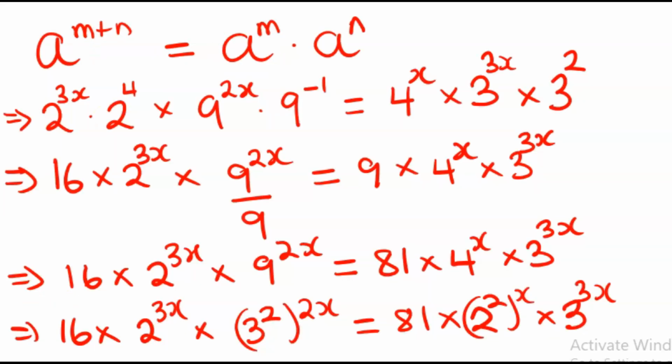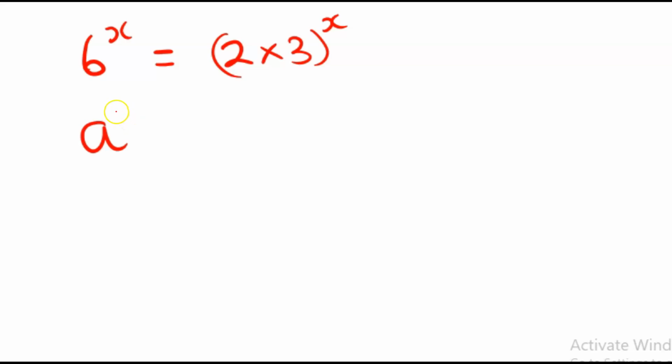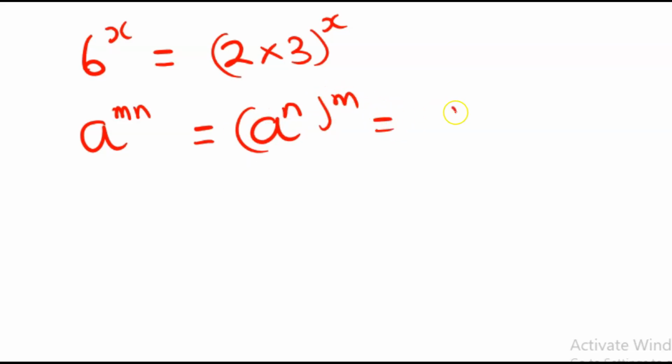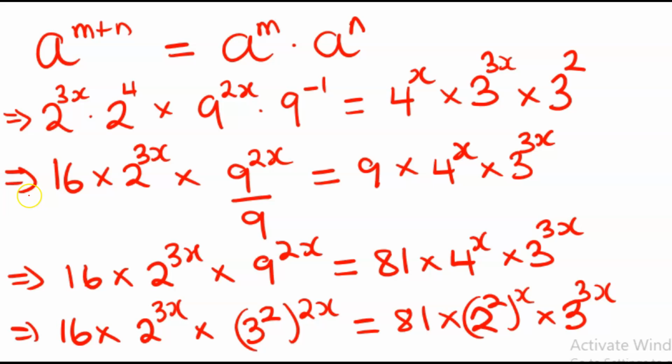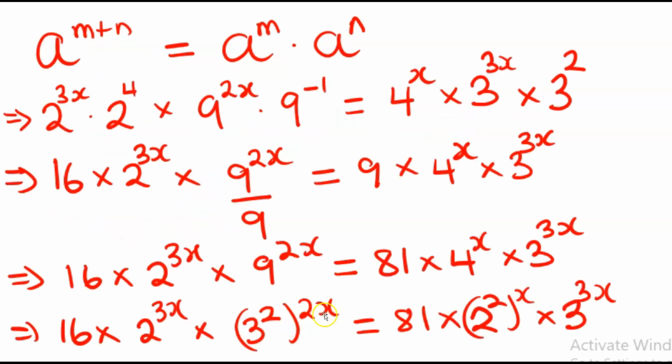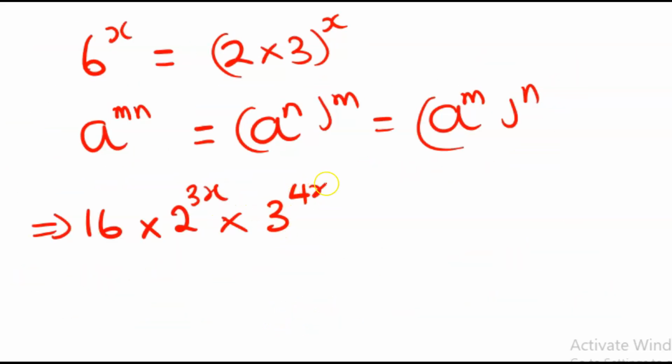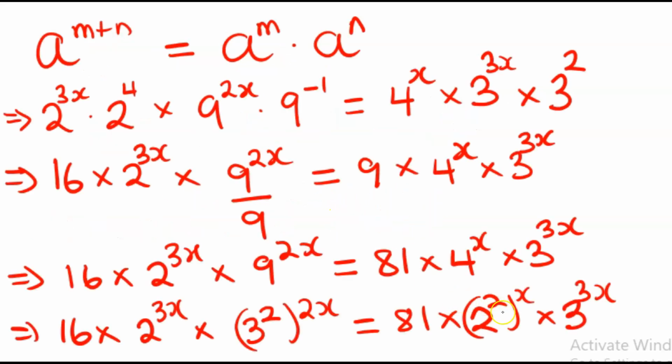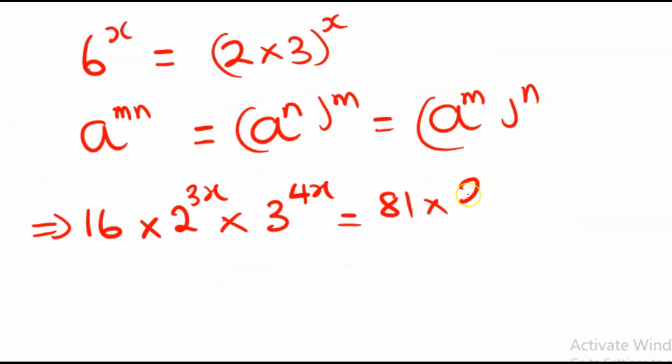A raised to the power mn, we can write it as a raised to the power n all raised to the power m, which is the same as a raised to the power mn. So we have 16 times 2 raised to the power 3x times 3 raised to the power 4x, which is equal to 81 times 2 raised to the power 2x times 3 raised to the power 3x.